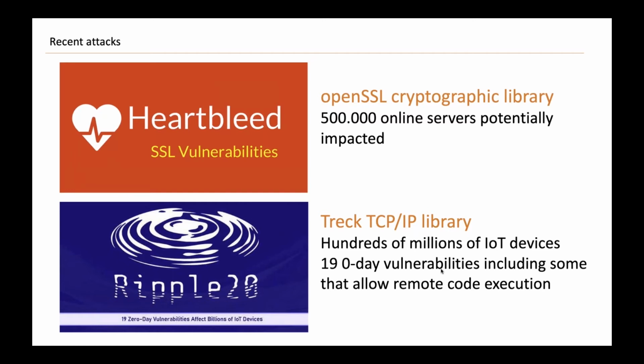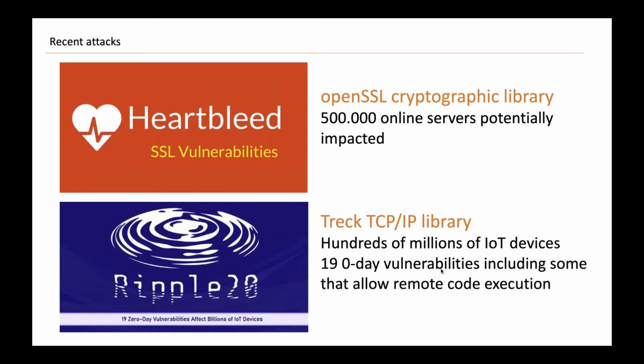I'm sure that most of you already heard about Heartbleed some years ago, which caused a huge hassle in the OpenSSL cryptographic library. Everybody was talking about it. It was a huge security breach, and the main cause was in the OpenSSL library's source code.